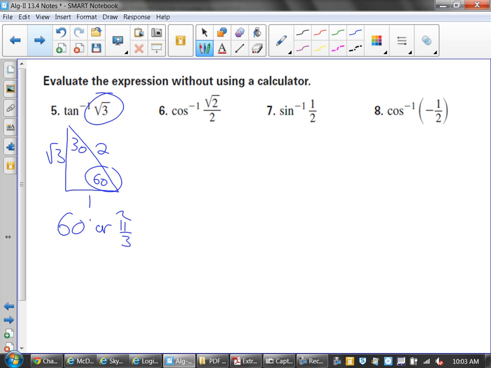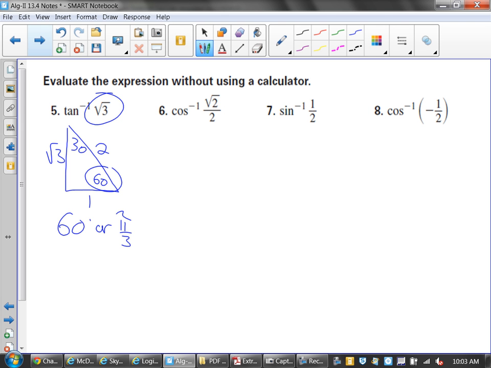Oh, I remembered my question. For number C on the last page, how did you write the answer negative 45? Why wouldn't you say that? Because you're just bouncing between positive and negative, so there's a parameter you use.